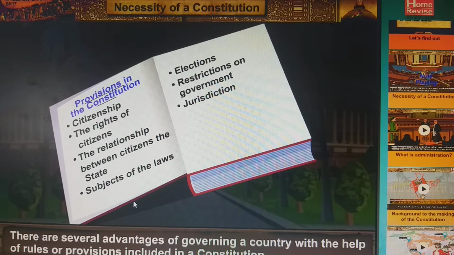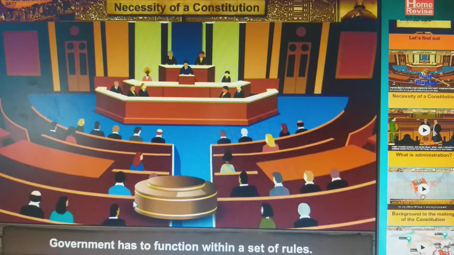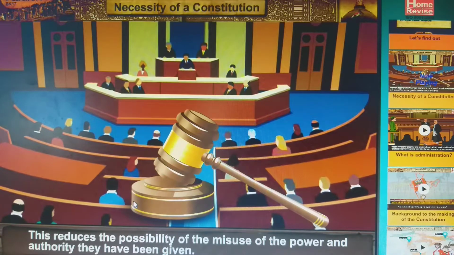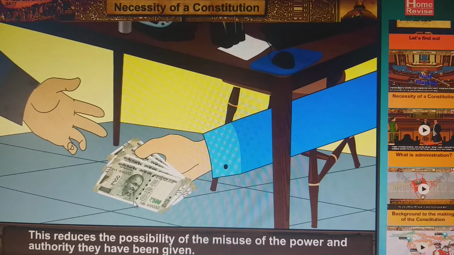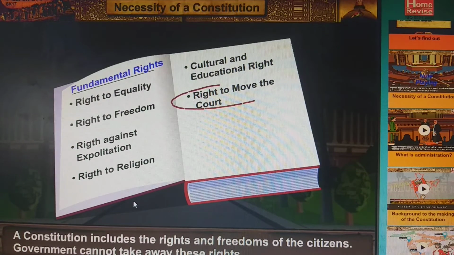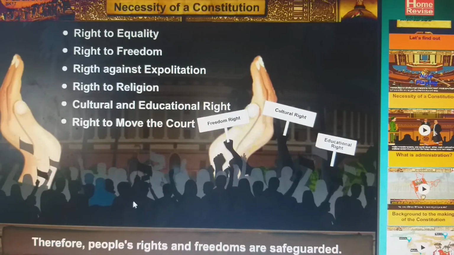Now, we'll go to the next topic. Why is there a need for a constitution? There are several advantages if the country has a written constitution. The government, whoever is ruling that country, cannot misuse the power and authority given to them. The rights and freedom of the citizens can be maintained and the government cannot take away these rights.